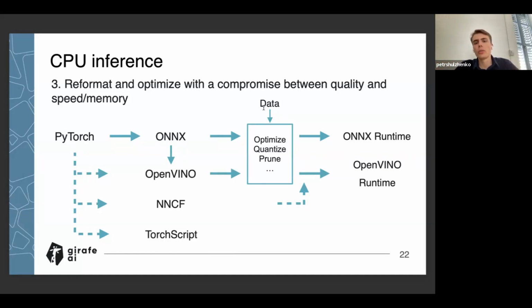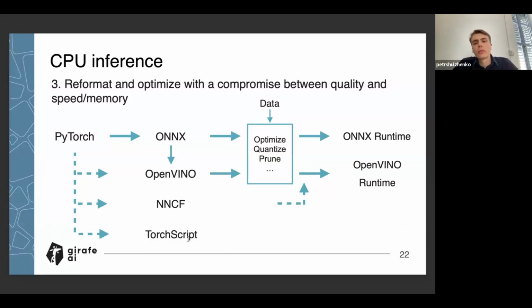For this, you will need a representative dataset, because most of these operations need some representative dataset to measure activations, scales of activations, weights, etc., to perform these quantizations and optimizations. And after that, you just deploy to runtime formats.